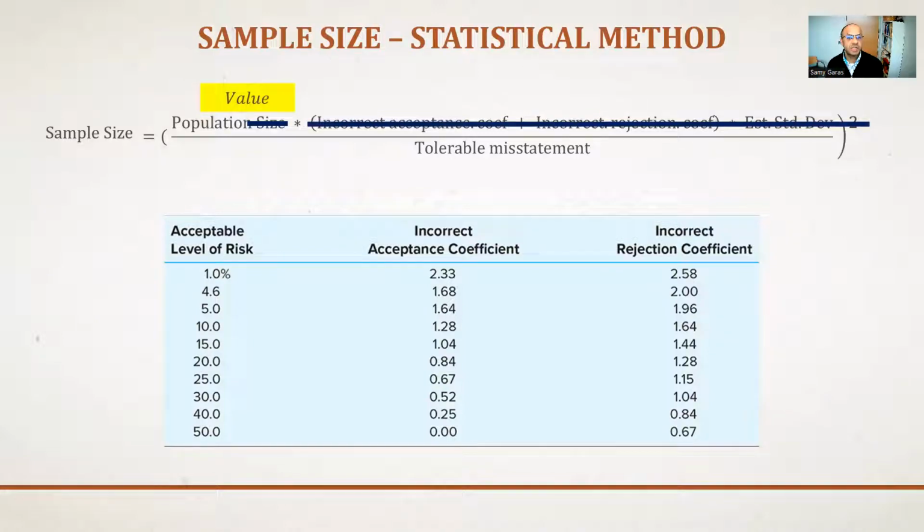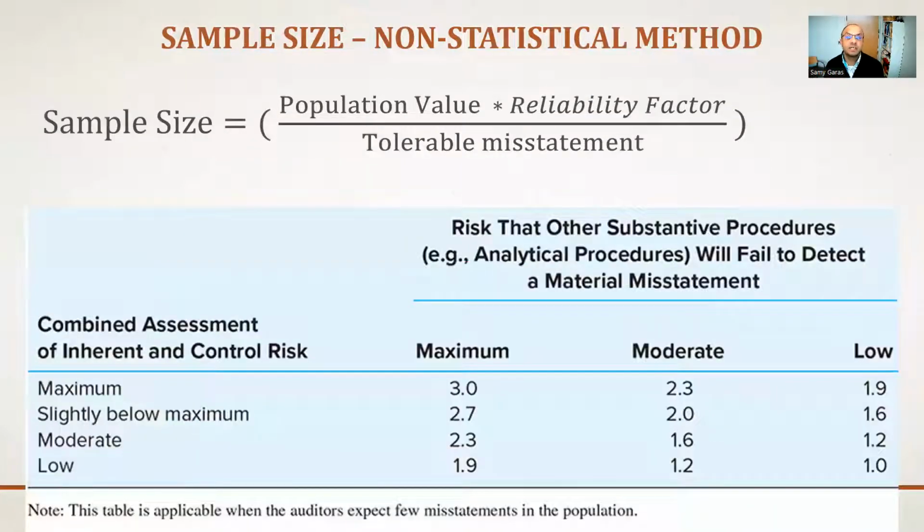And instead of the incorrect acceptance and rejection, we get the reliability factor, which will be given to you in the exam. And then we do it this way. So we get the population value times the reliability factor divided by tolerable misstatement, and this will give us the sample size based on non-statistical method.